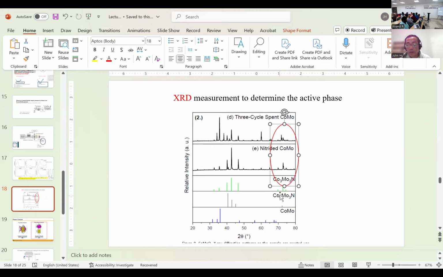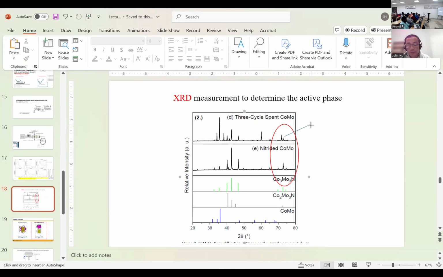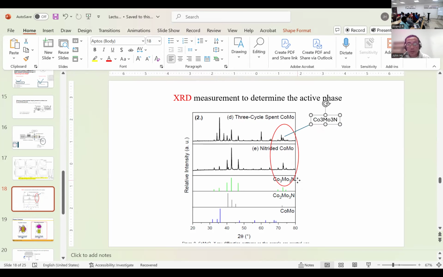Keep in mind that this Co3Mo3N is the standard we purchased, but the material after the 3 cycles has similar peaks. Make sense? Look at it. This is the standard.